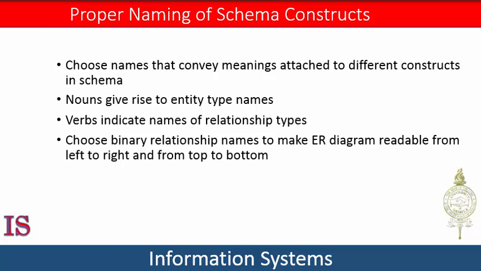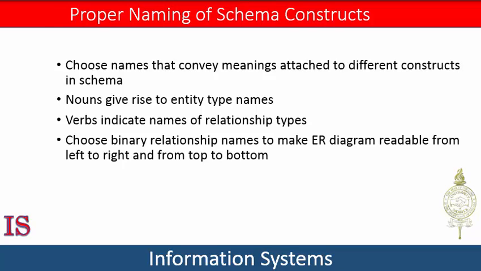We choose to use singular names for entity types rather than plural ones because the entity type name applies to each individual entity belonging to that entity type. The authors of our textbook use the convention that entity type and relationship type names are uppercase characters. Attribute names have their initial letter capitalized, and role names are in lowercase letters.